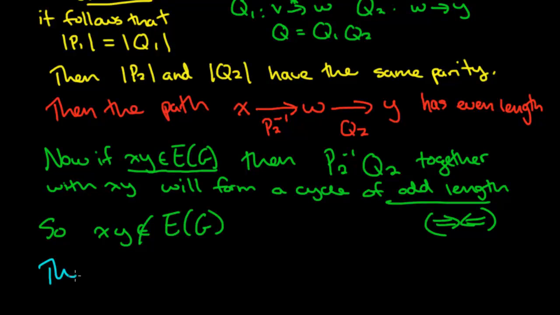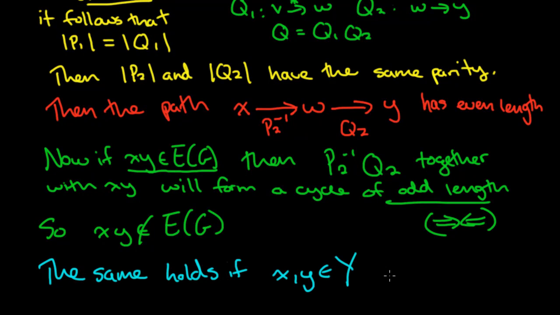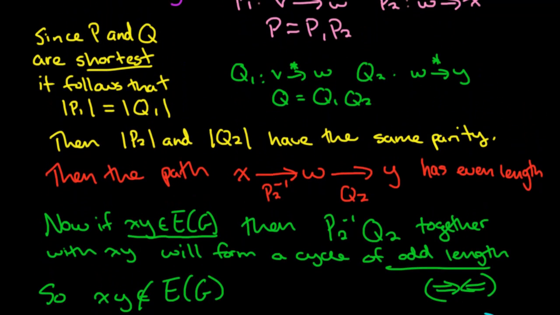Exactly the same proof holds if x and y are both from the partite set Y. We'll then be able to show that xy is not an edge of the graph. You should be able to do this using the exact same argument. In fact, nothing changes in the argument at all.